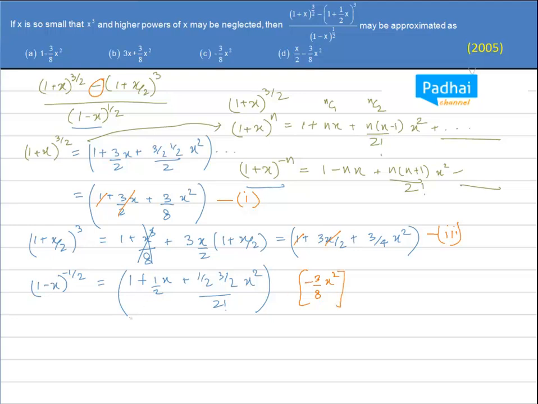I have to multiply this with this term. If I multiply first of all by this over here, it will become minus 3 by 8 x square.